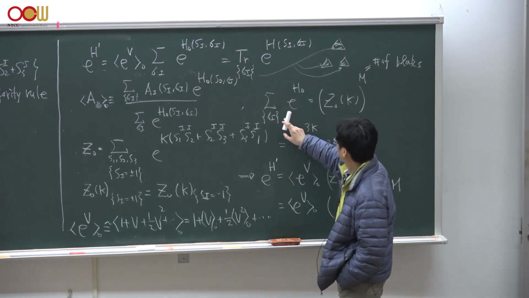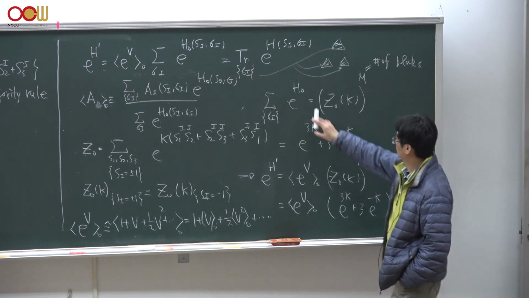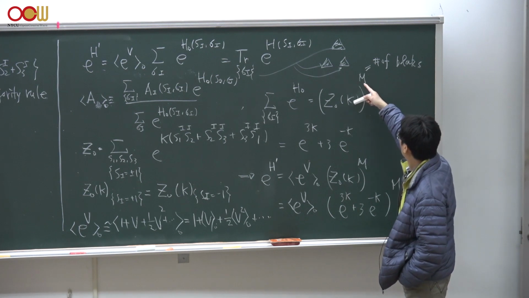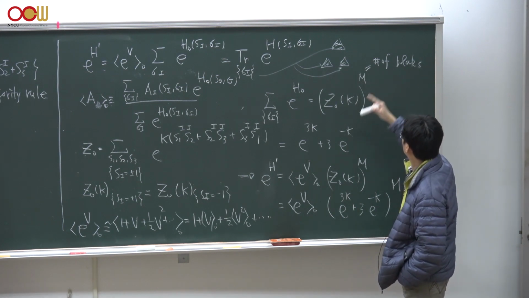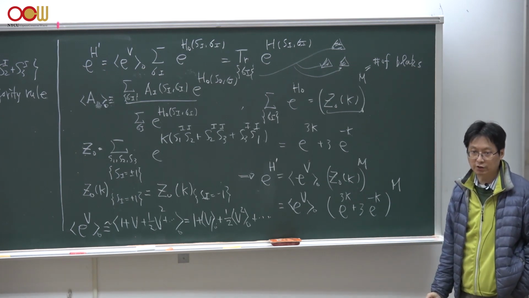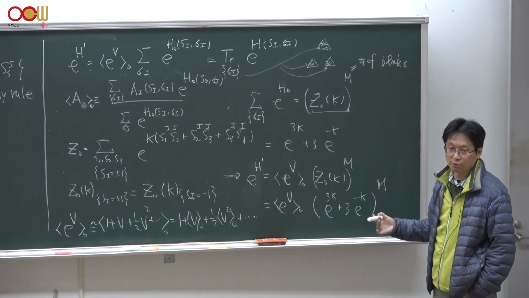But then when we trace out each individual block spin, e to the H0 within each block gives nothing but Z0 to the power of m, where m is the number of blocks and Z0 is just the partition function of a partial trace within each block.